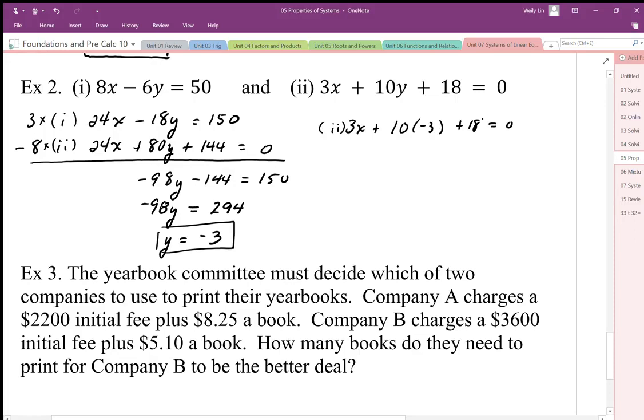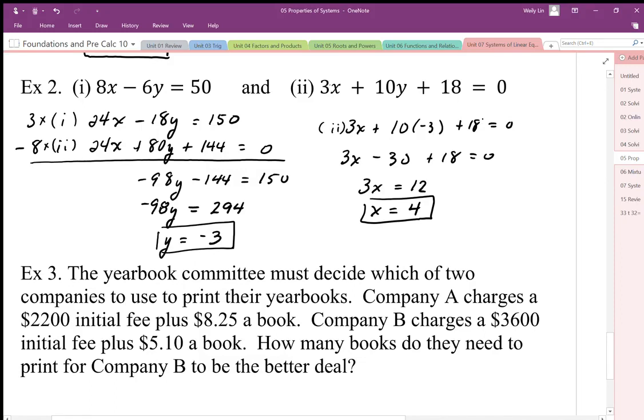So I plug my negative 3 into my y value: 3x minus 30 plus 18 equals 0. So 3x equals positive 12, x equals positive 4. And if I plug it into equation 1, 4 times 8 is 32, and 6 times negative 3 is negative 18, so minus negative 18 gives me positive 50.